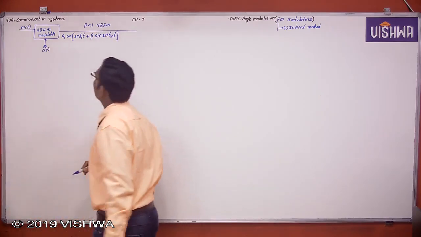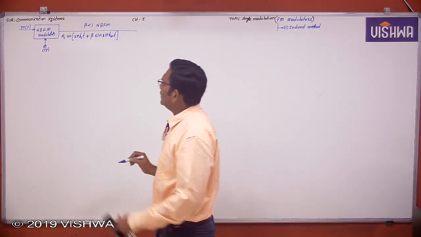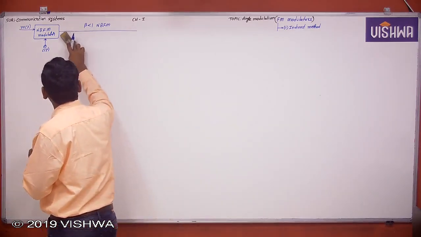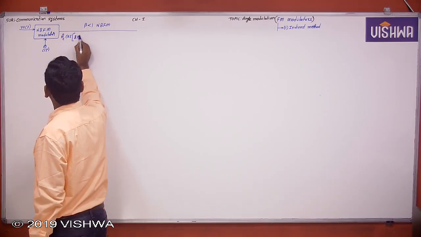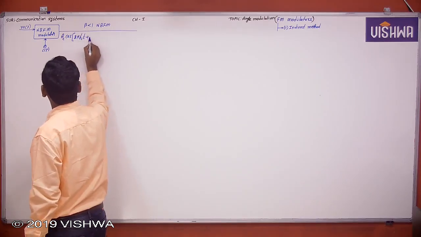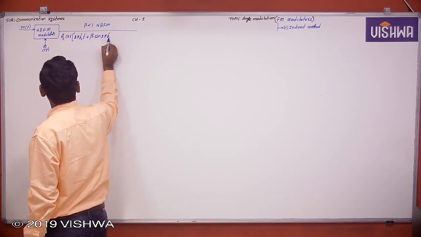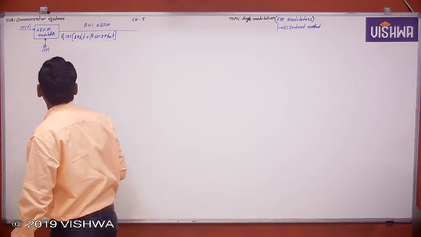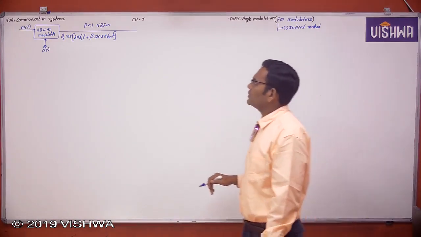Beta is less than 1, this is nothing but a narrow band FM signal.